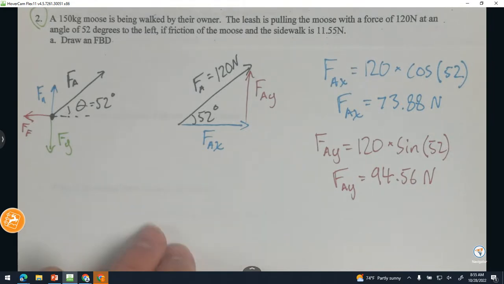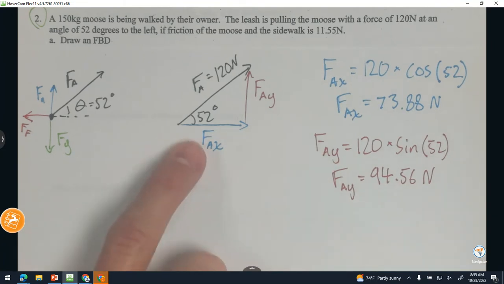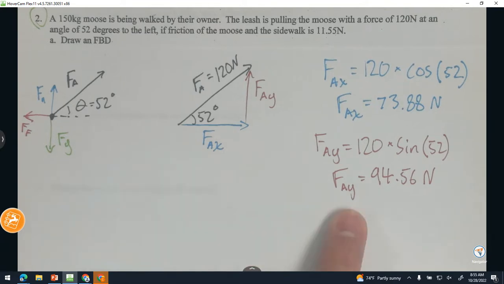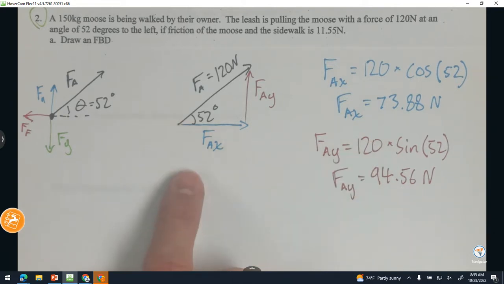All right. By the way, little trick you can mentally check if you did these right. If I have an angle that's greater than 45, then you should have a greater y component than your x component. If you have an angle that's less than 45, then your x component should be greater, because 45 is the middle of 90, right?